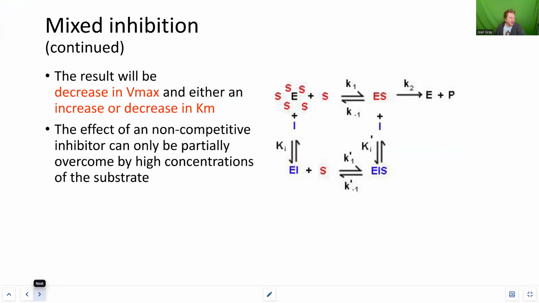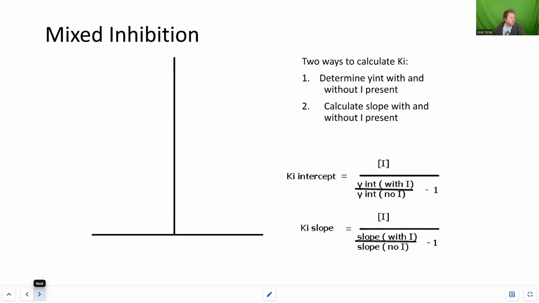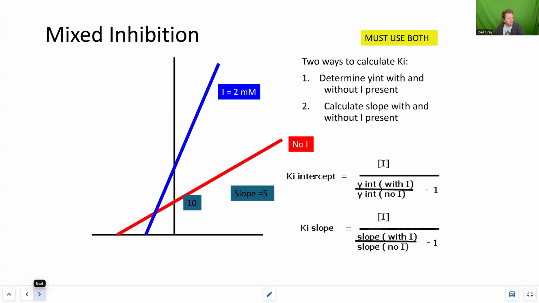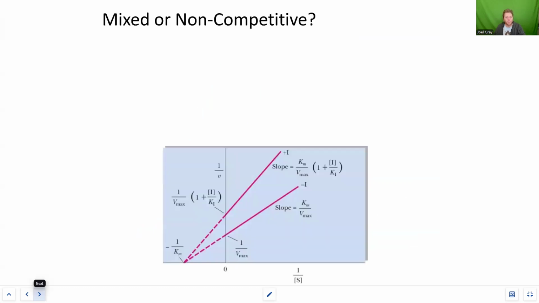Now, the effect of a non-competitive inhibitor can only be partially overcome by higher concentrations because remember, it has some elements that make it similar to a competitive inhibitor. I'm going to skip over this just because I'm not asking you to calculate that. Instead, what I want to show you is this right here.